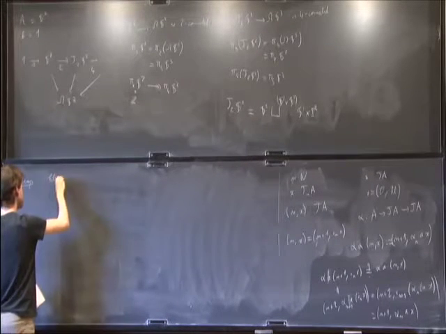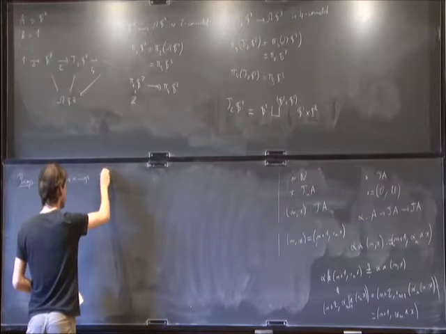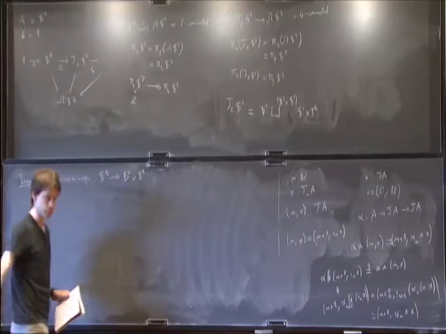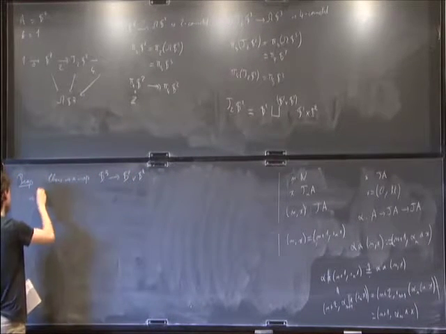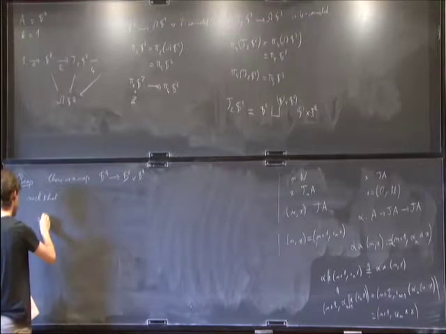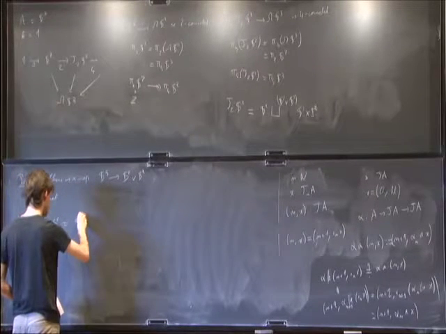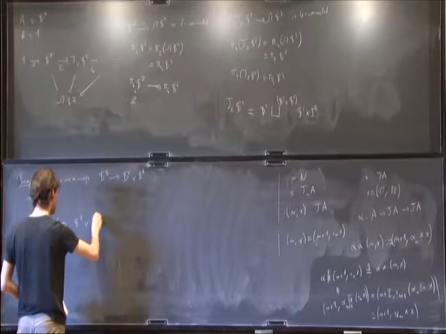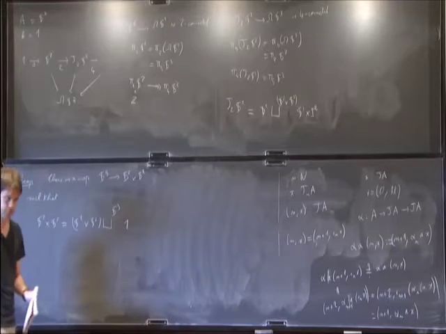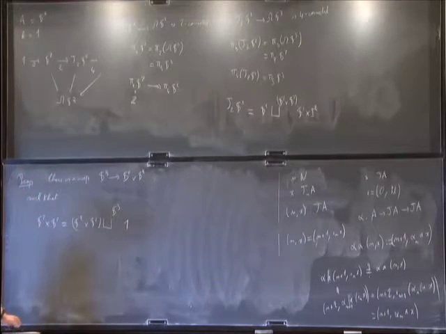There is a map from S3 to the wedge S2 wedge S2, such that S2 times S2 is the following pushout: the pushout of S2 wedge S2 with 1 along S3.